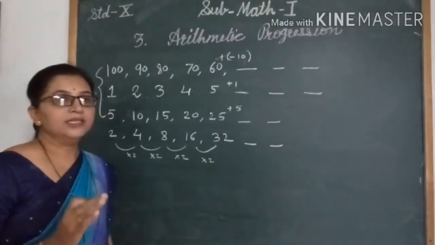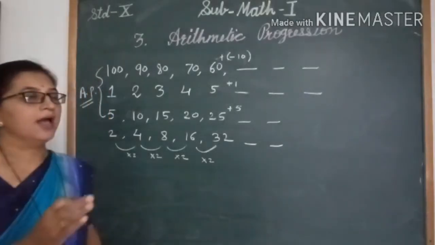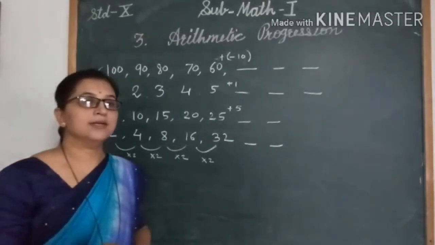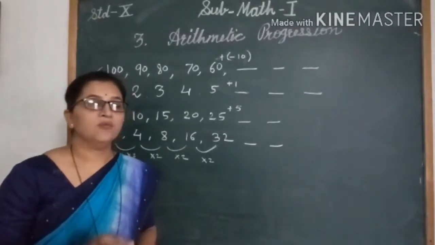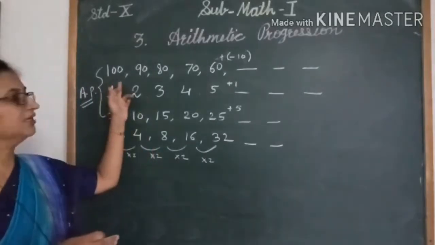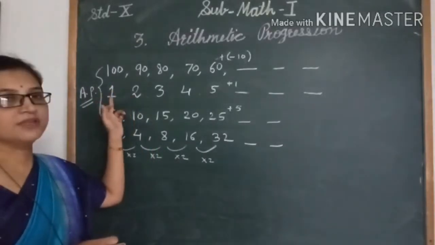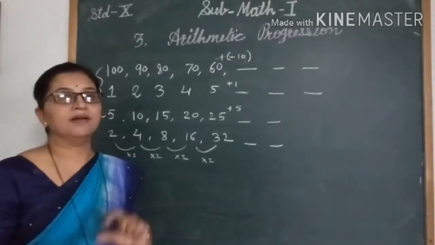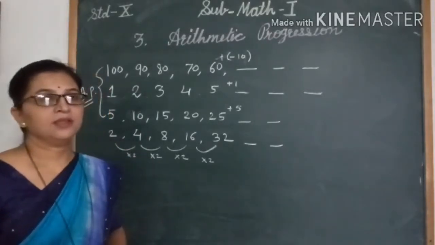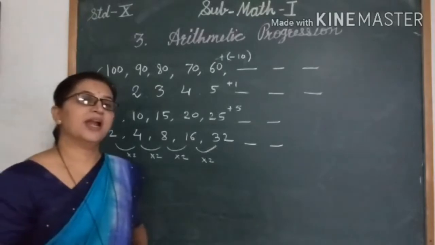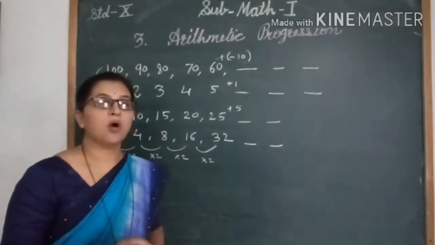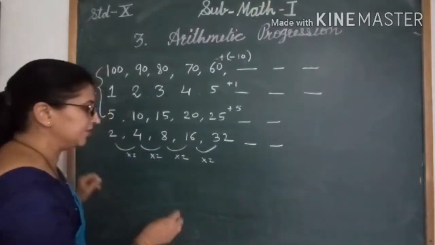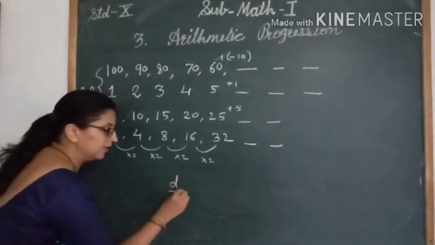So an arithmetic progression is a sequence in which, given a first term, the next term is obtained by adding a fixed number. This fixed number which we are adding is called the common difference, denoted by small d.